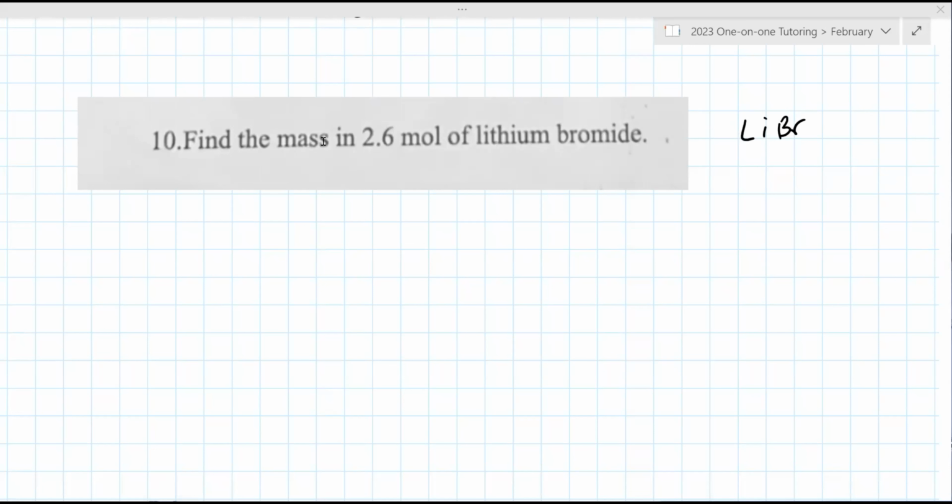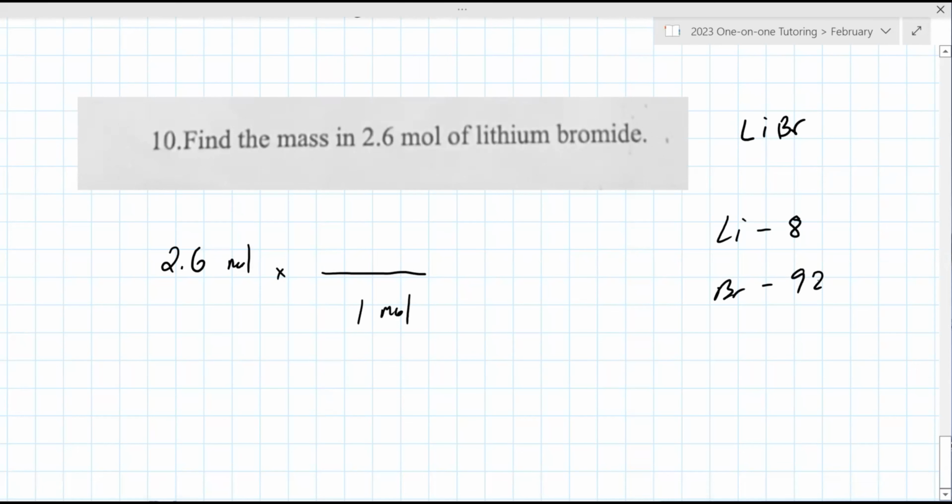So 2.6 moles of that times 1 mole, you need the molar mass of it. And it looks like lithium is 8, bromine is 92-ish. No, I'm sorry, it's 7. So I got these way off. 7 and 80. So it ends up being about 87 grams.